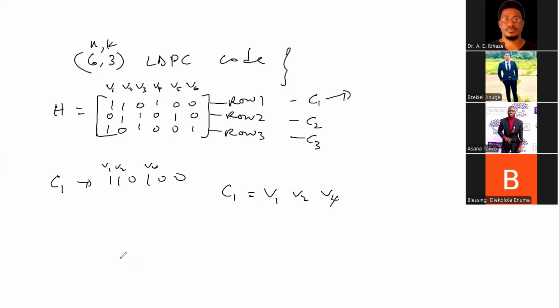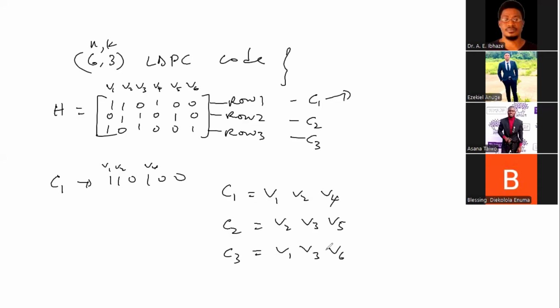So it means that C2 will be the same as V2, V3, V5, and C3 will be the same as V1, V3, V6.